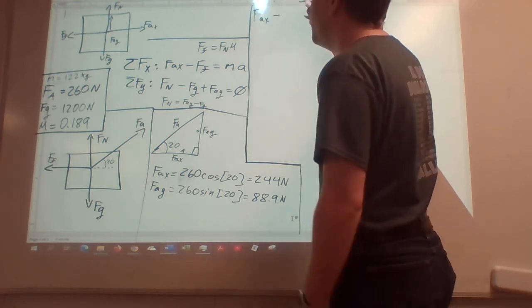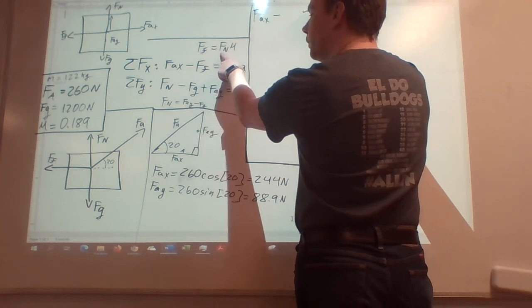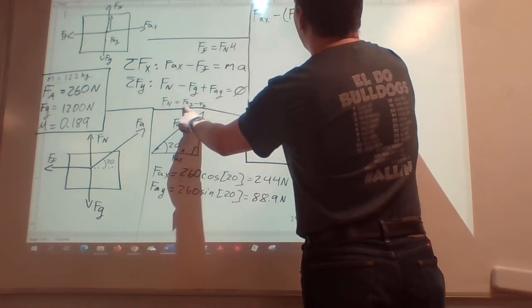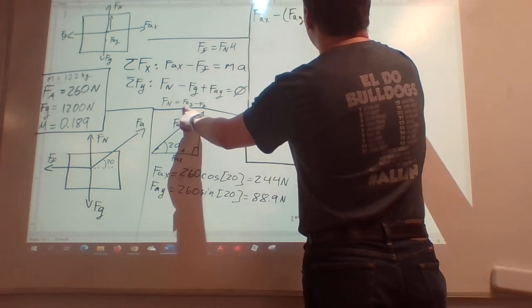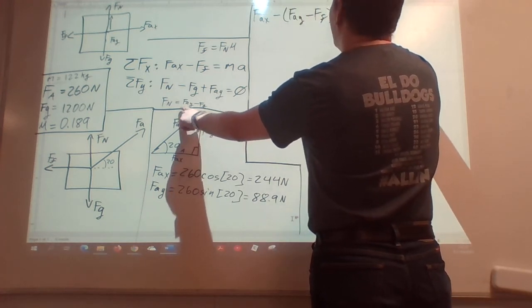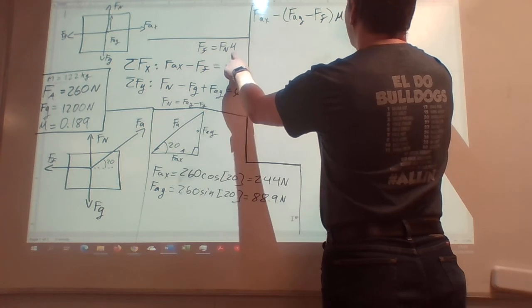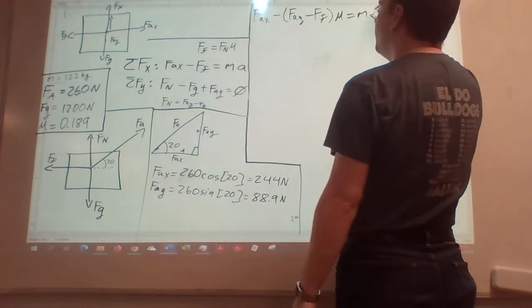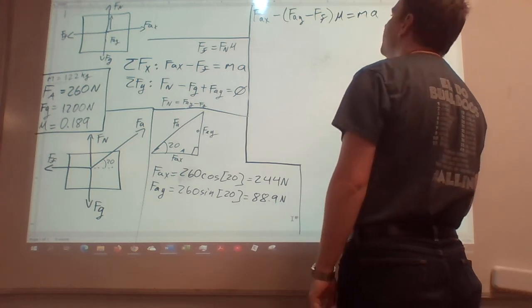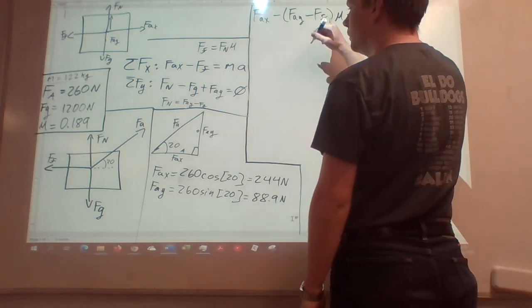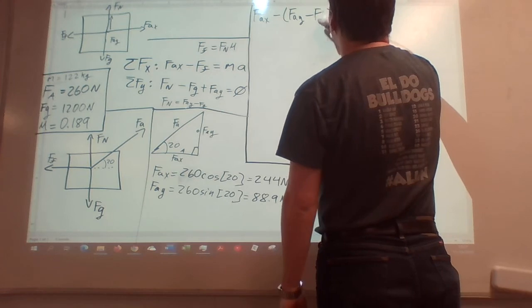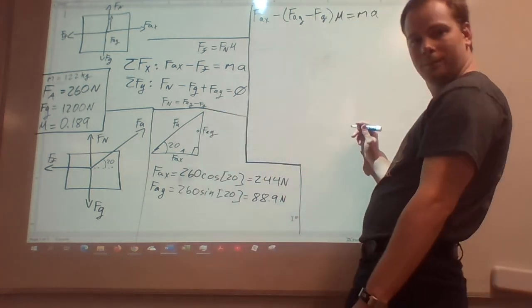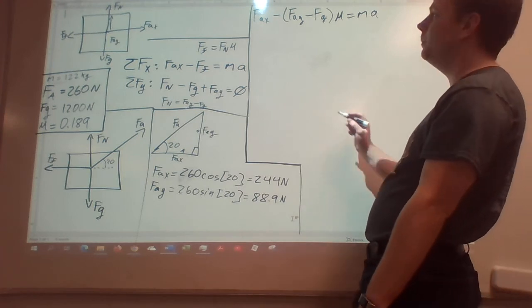FAX minus the force of friction, which is equal to the normal force, which is equal to FAY minus FG times mu, equals M times A. That's supposed to be a G. FG. I just realized my head was in the way for that.